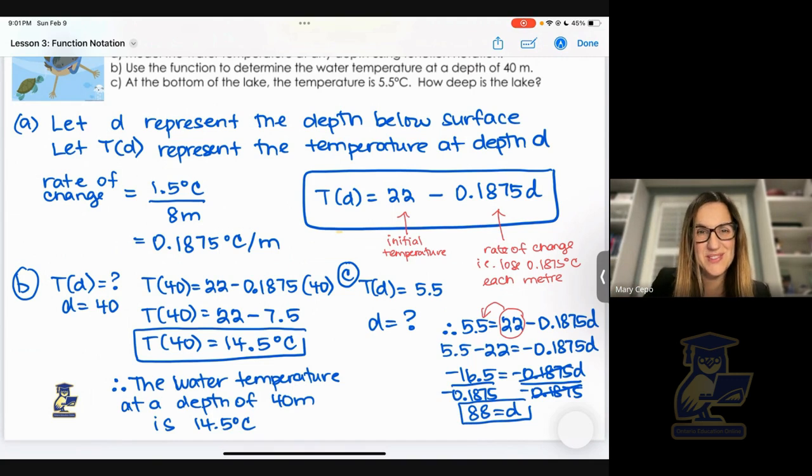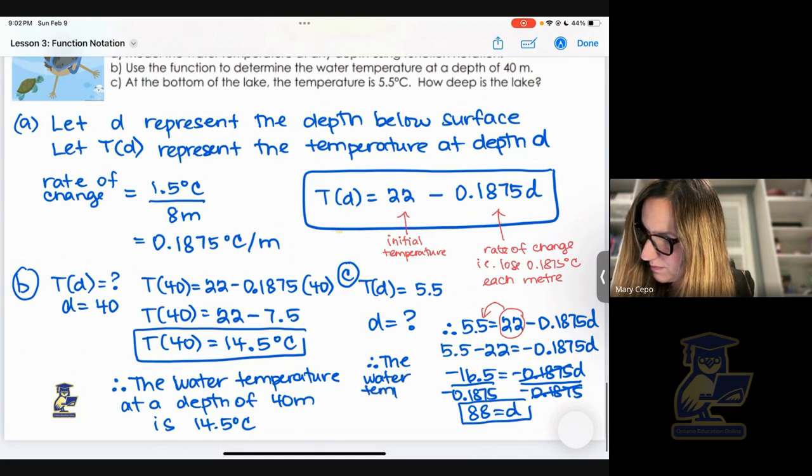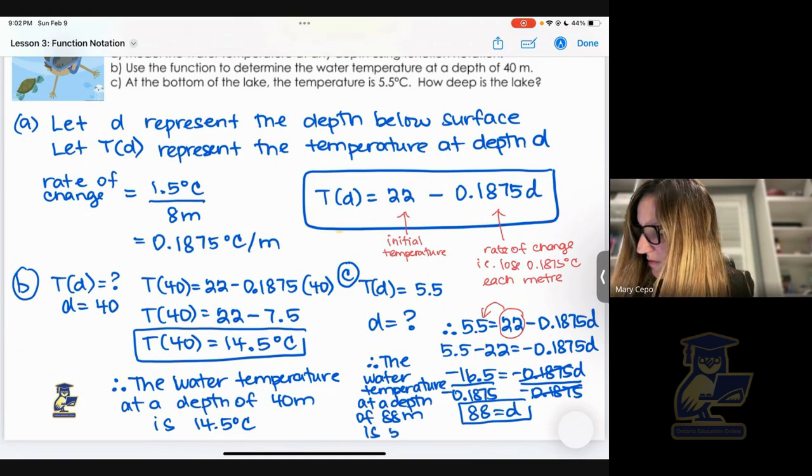So again, answering the question, how deep is the lake? Therefore, the lake is at a depth of 88 meters, where the water temperature is 5.5 degrees Celsius.